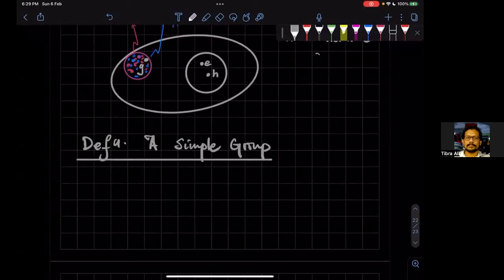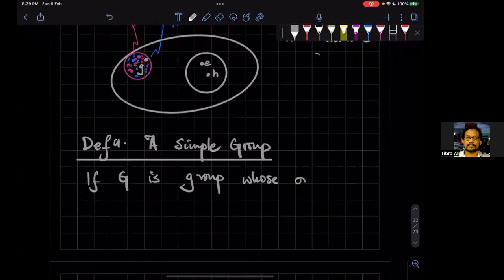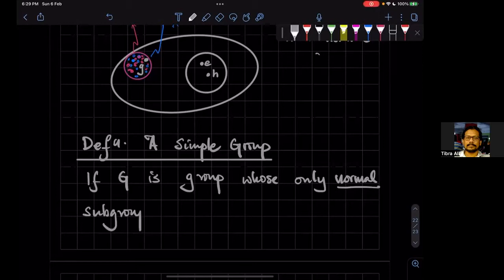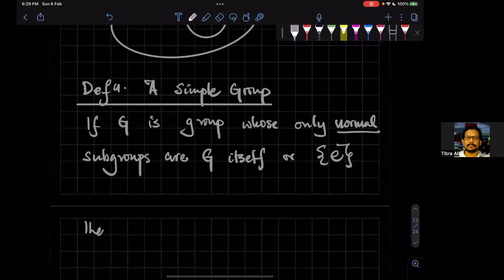So if G is a group whose only normal subgroups, it can have other subgroups, but normal subgroups, are G itself or the identity element, then we say G is a simple group.